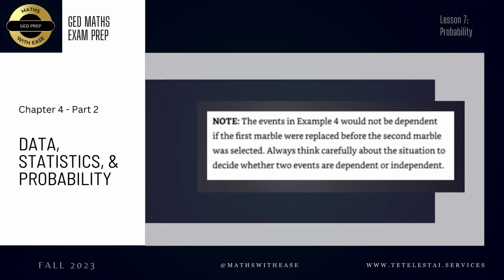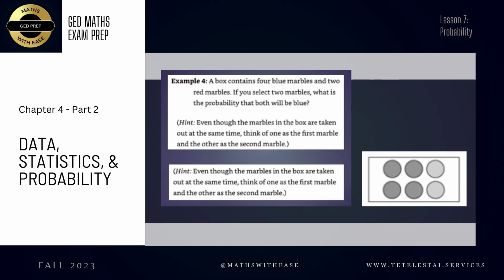So note that the events in example 4 would not be dependent if the first marble were replaced before the second marble was selected, right? In this example, it would be an independent event if you first selected one marble, you saw the color, and then you put it back to bring your total back up to 6, the total number of marbles, and then you selected another marble.